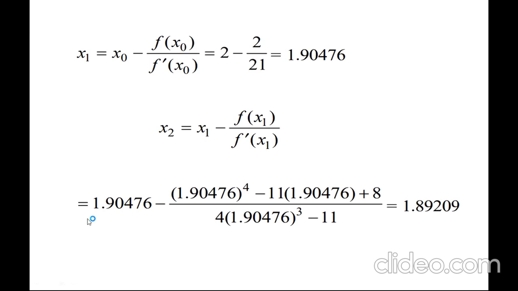We will get 1.90476 minus (1.90476 raised to 4 minus 11 into 1.90476 plus 8) upon (4 into 1.90476 cube minus 11). If you compute this value, you will get x2 as 1.89209.